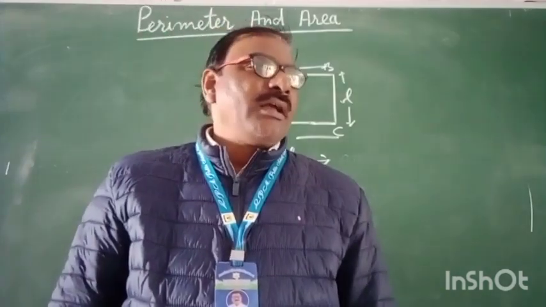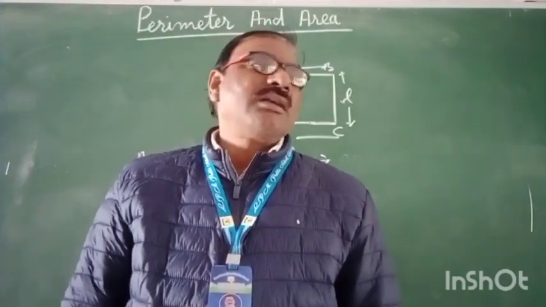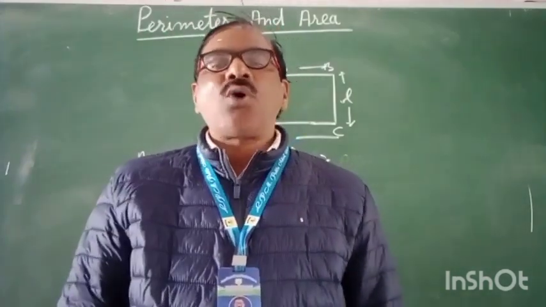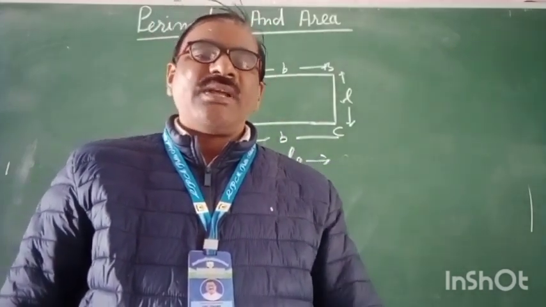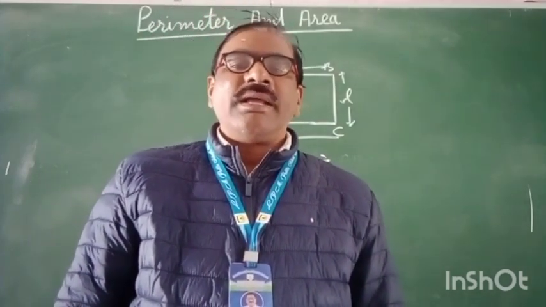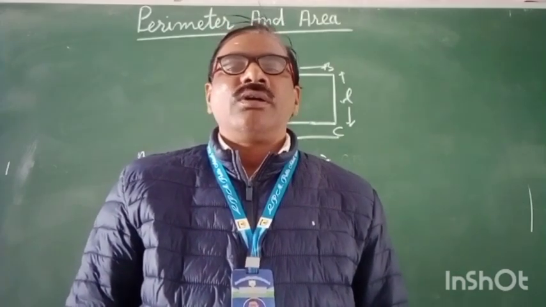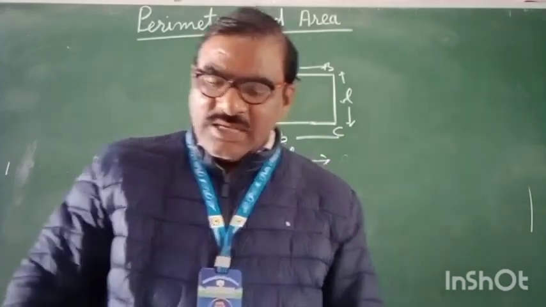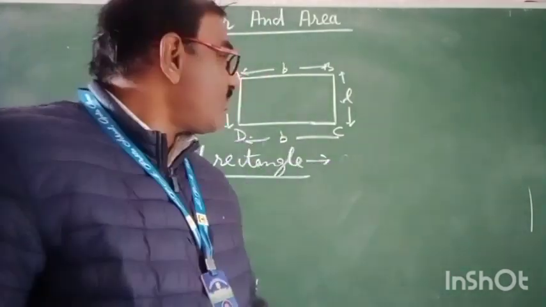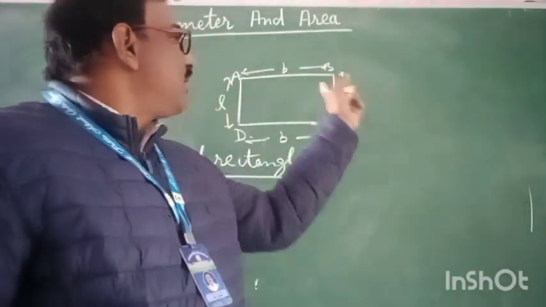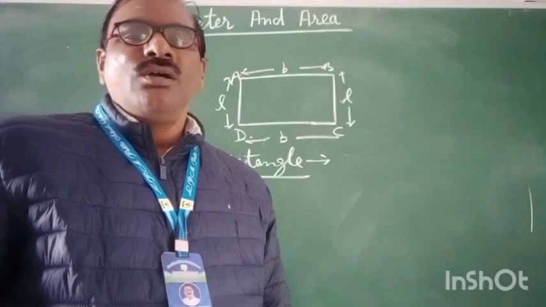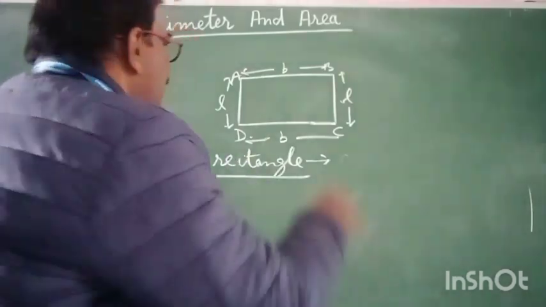Area means the space occupied by any 2D shape is called the area of the 2D shape. Suppose this is rectangle ABCD and this rectangle occupies this area.